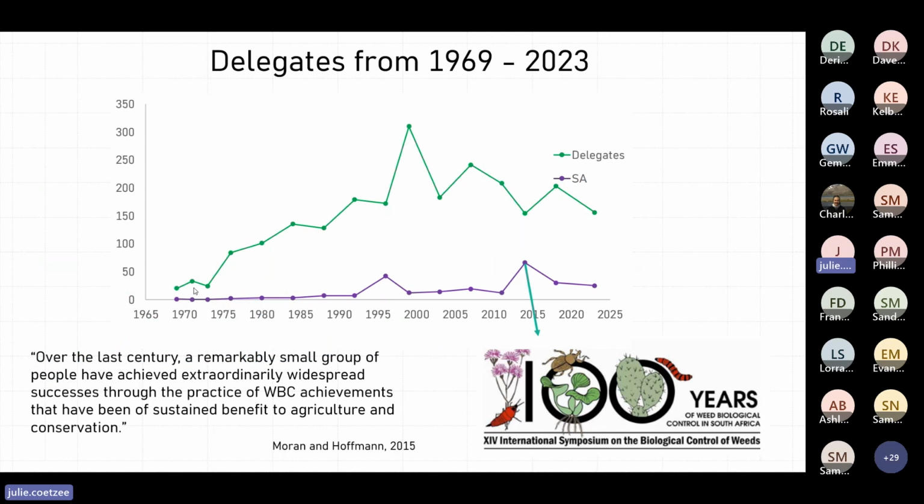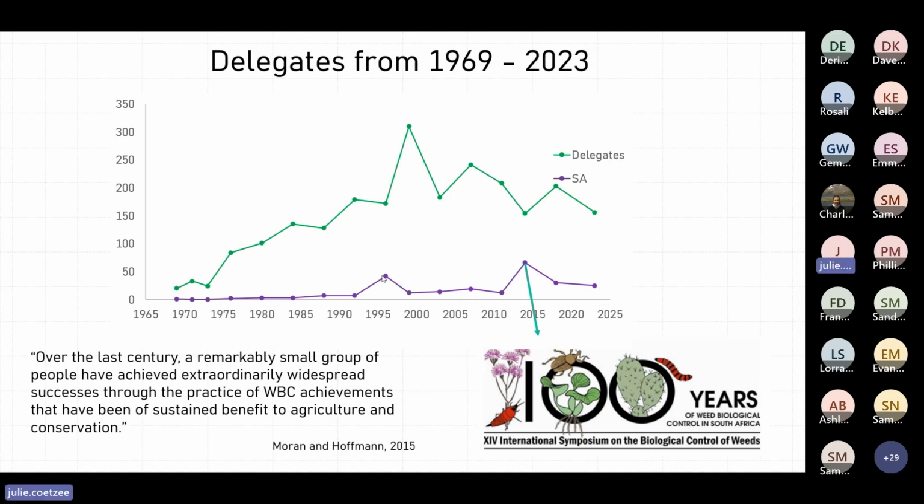And again, just to show you over the time that over the last century, as Moran and Hoffman said, a remarkably small group of people have achieved extraordinarily widespread successes through the practice of weed biocontrol, achievements that have been of sustained benefit to agriculture and conservation. As I said, the biggest group conference was in the USA in 1999.